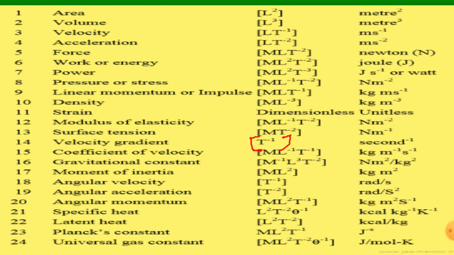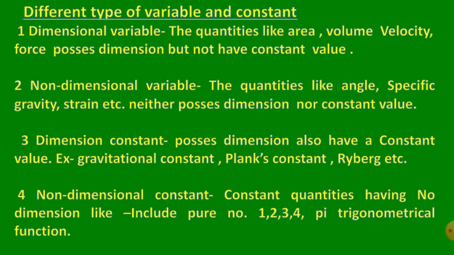Yes, now let's go to the different types of variables and different types of constants. There are two types of variables and two types of constants. Constant means whose value is fixed, and variable means whose value is not fixed.